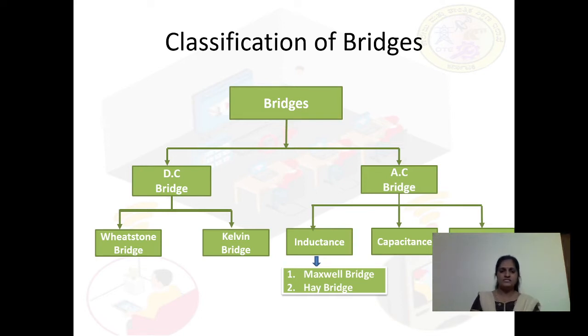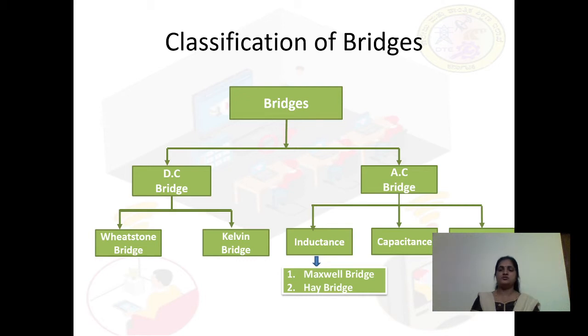In the case of a DC bridge, once again there are 2 classifications, the Wheatstone bridge and the Kelvin bridge. In our syllabus, we need to discuss the Wheatstone bridge. Similarly, under AC bridge, we have the inductance comparison bridge, the capacitance comparison bridge, and for the measurement of frequency, a separate bridge called the Wien bridge.